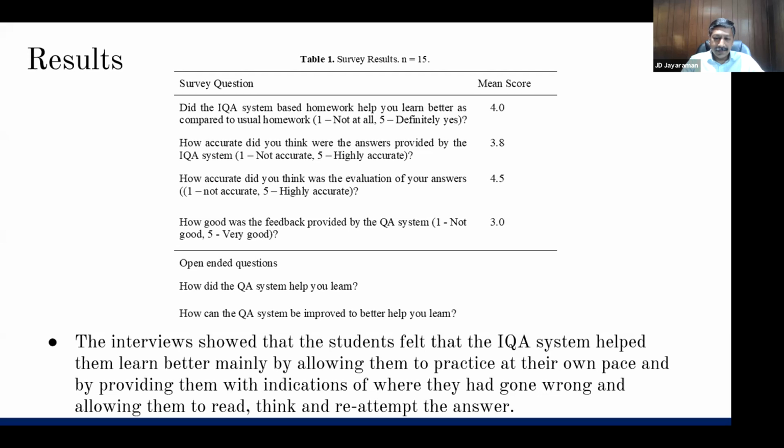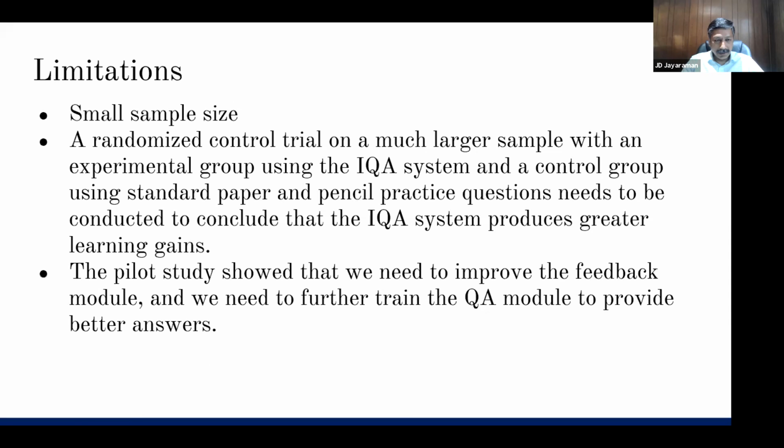And one thing they always said was that the question answering is good because I don't have to be shy about asking questions like I am in class, where many students don't actually ask questions because they're just shy to ask. And that's what we found.